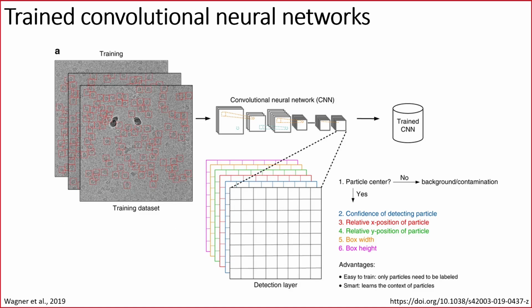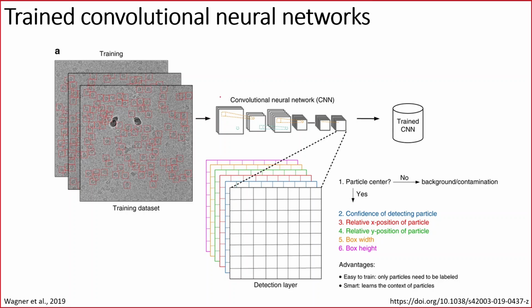The last thing that nowadays is used, and these are really heavily used because they are working very well, is a trained convolutional network. Here you have a small training data set of tens to 100 micrographs where you try to select, usually manually, all the particles in all orientations that you are interested in.